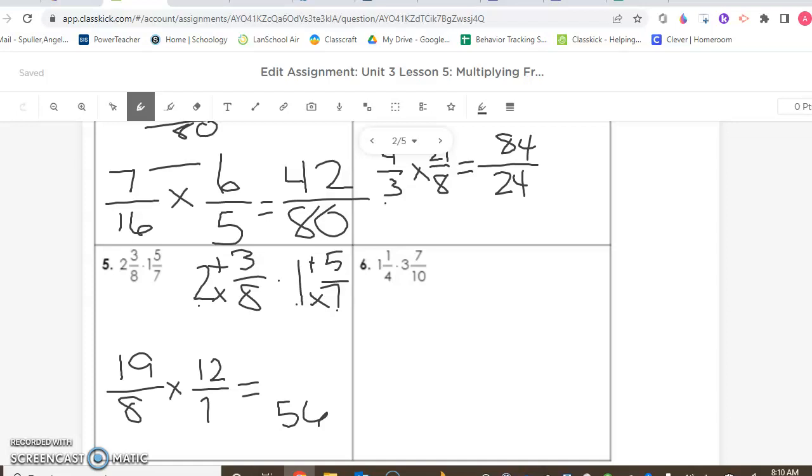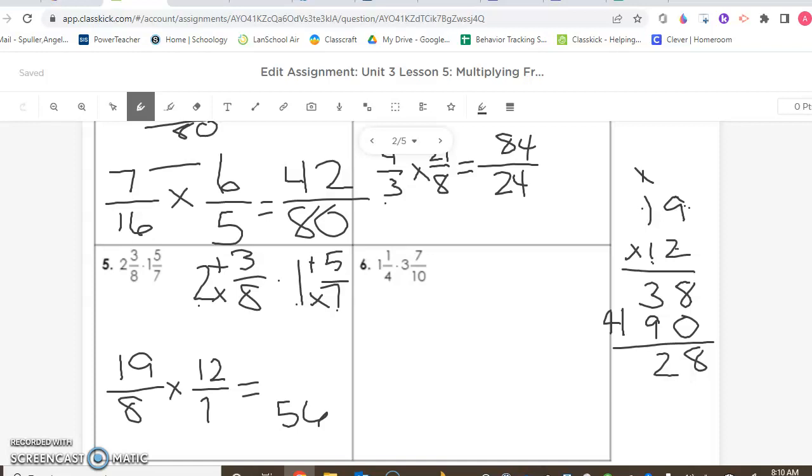And I don't know about you, but I don't know what 19 times 12 is. 2 times 9 is 18, carry the 1. 2 times 1 is 2 plus 1 is 3. Okay, moving into the tens place, so 1 times 9 is 9. 1 times 1 is 1. I add them, and the result is 220, so over 220.